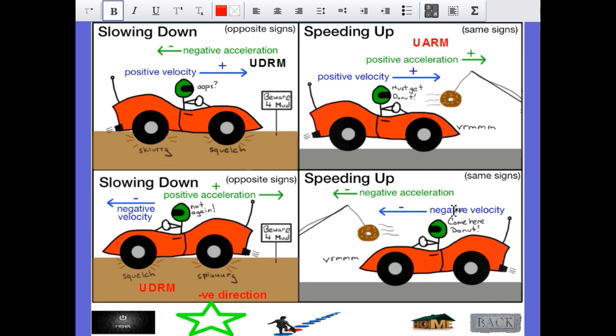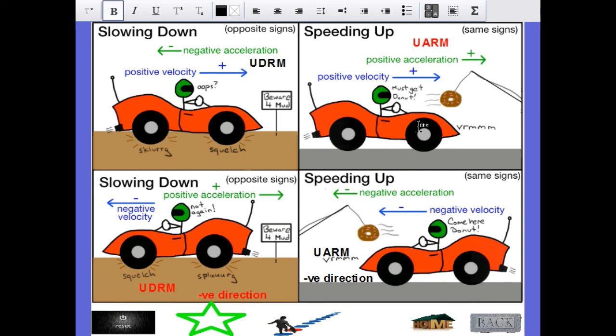Then the motion here is uniform accelerated rectilinear motion, but in which direction? In the negative direction. So uniform accelerated rectilinear motion in the negative direction.